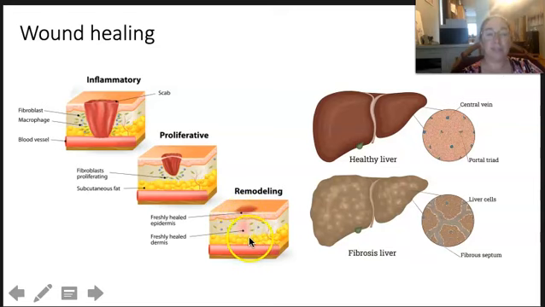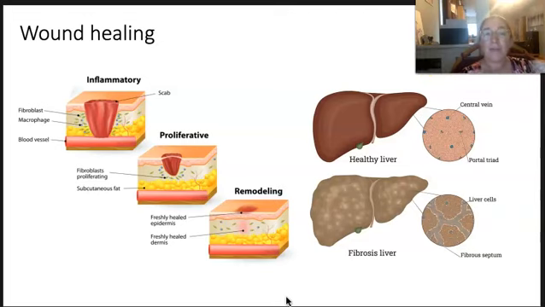Now the new tissue, the scar tissue that's formed, is more fibrous. You can see this pink knot here. That is additional fibers. So scar tissue is not quite the same as normal tissue. For occasional scars, that's fine, the body can deal with that.